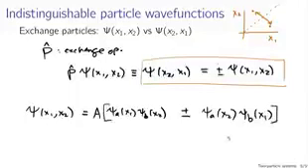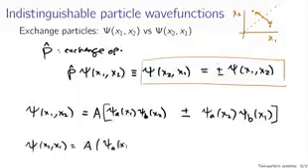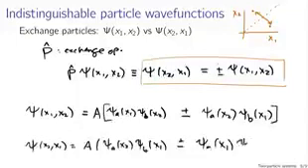And for instance, you can check this fairly easily. If I wanted to know what psi of x2, x1 was here, well, it's going to be this expression on the right, exchanging 2's for 1's and 1's for 2's. So it's going to give me A, psi A of x2, psi B of x1, plus or minus psi A of x1, psi B of x2.